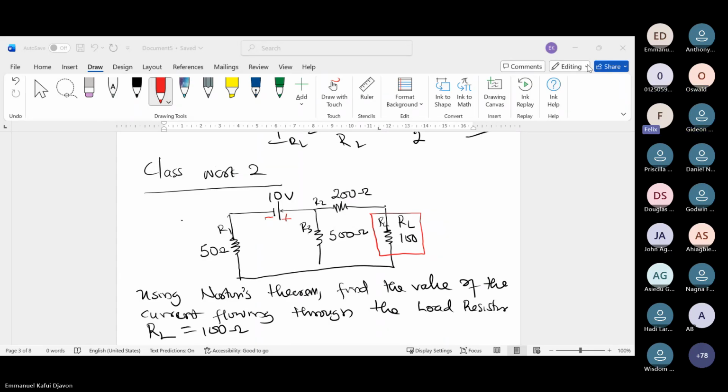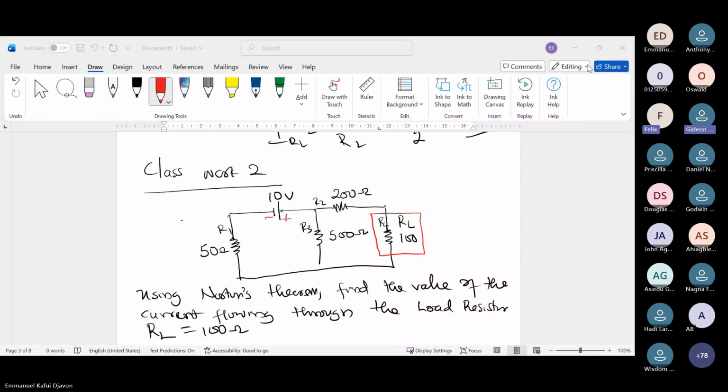So the total current will be, what's the formula? Voltage over resistance. So I is equal to V over R. The V is 10, right?